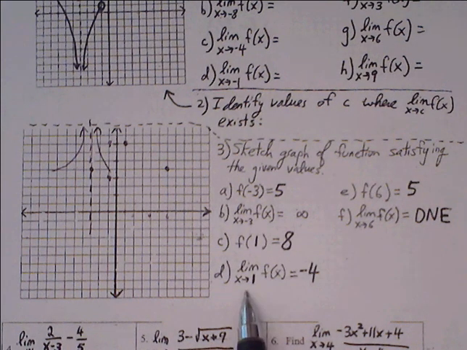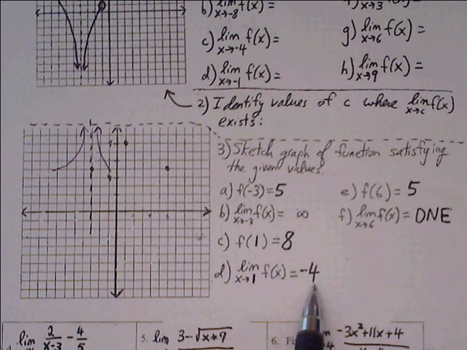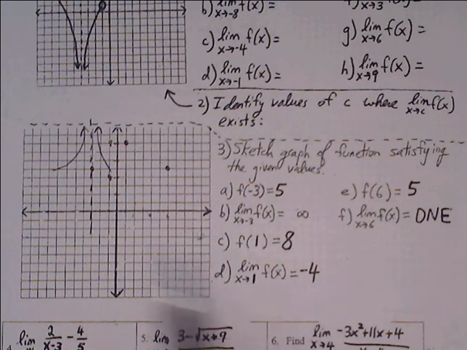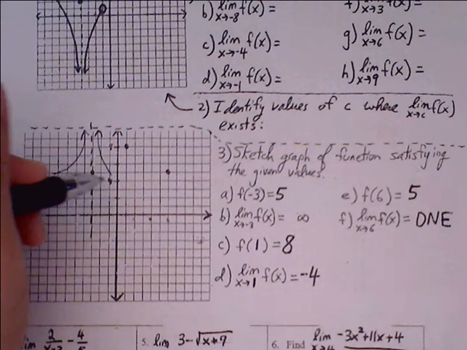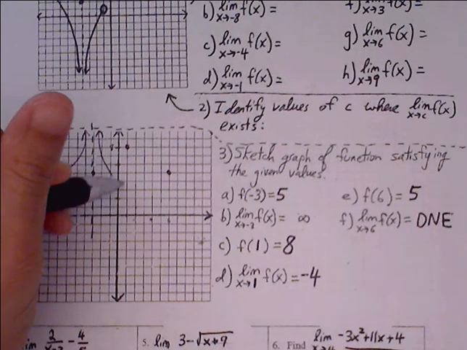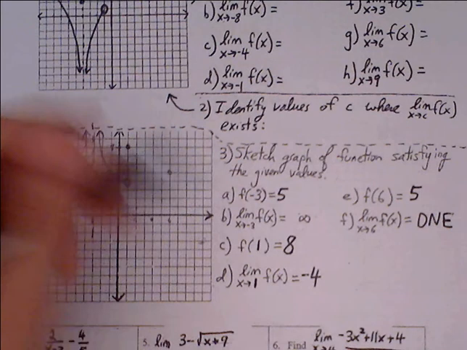Let's see, limit as x approaches 1 is equal to -4. So we know that the graph is going to connect to the same y value at -4. However, you see that here, f of 1 is equal to 8. So the limit is going to exist in a different location than the ordered pair. So that means there's going to be a hole in the graph. So at 1, we know that the graph will connect to the same y value at -4.